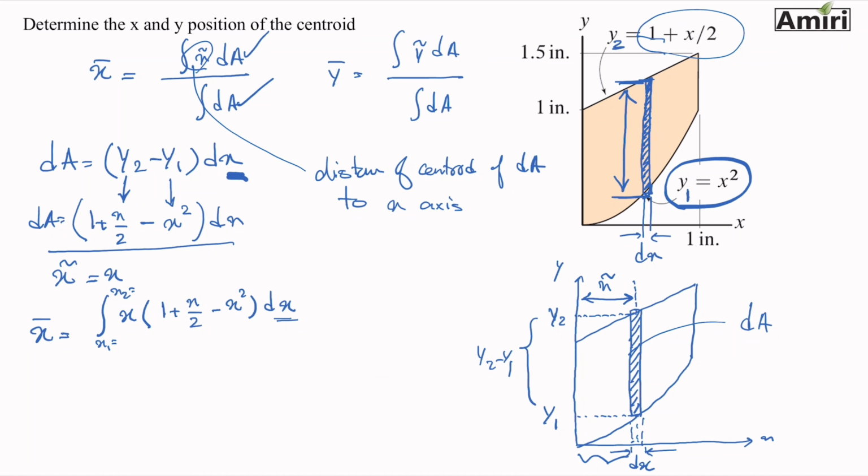My integration on this area, I start from 0, add all of these dA all the way to this 1 inch. So it's going to be 0 to 1 inch. Over integral of dA, so 1 plus x over 2 minus x squared dx. Same bounds, 0 to 1 inch.